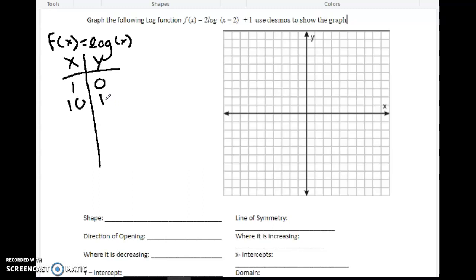the one after that is going to be a little bit big. Next one's going to be 10^2, okay.